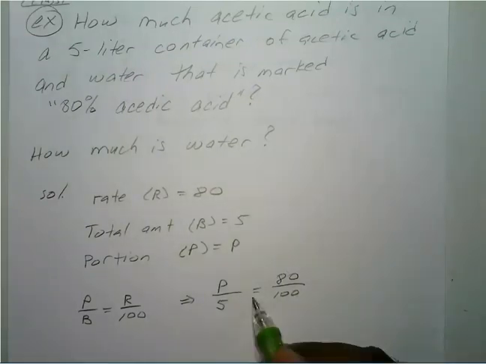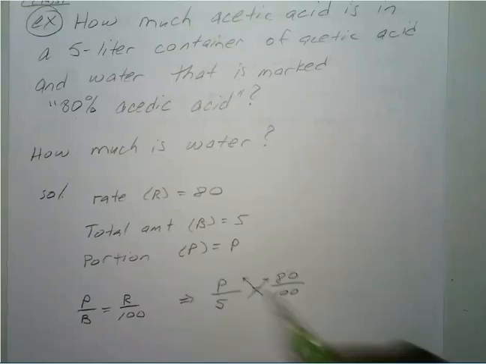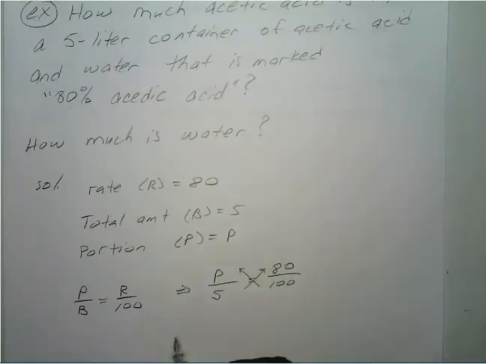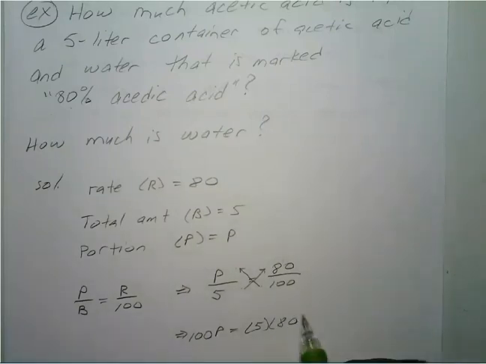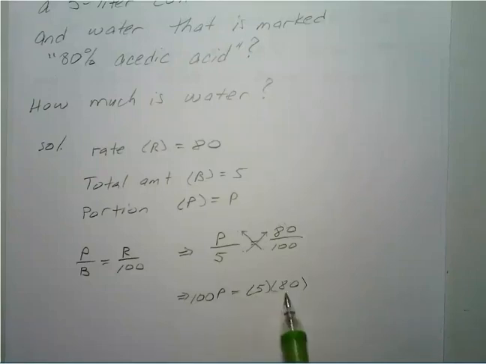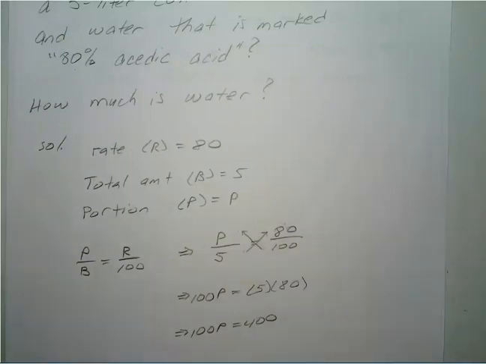Now we cross multiply. So 100 times P is equal to 5 times 80. 5 times 80 is 400. So we have 100P equals 400.